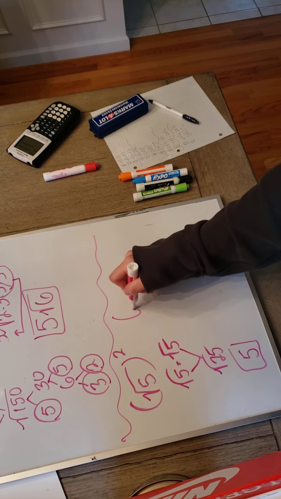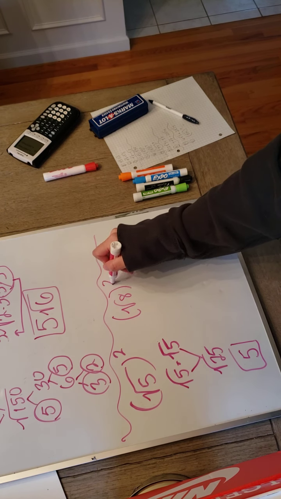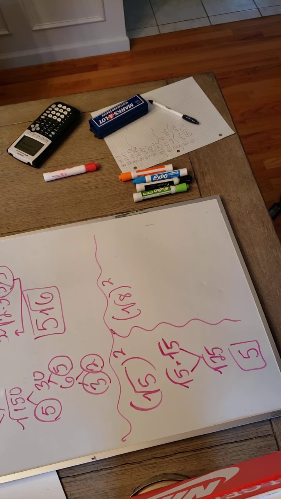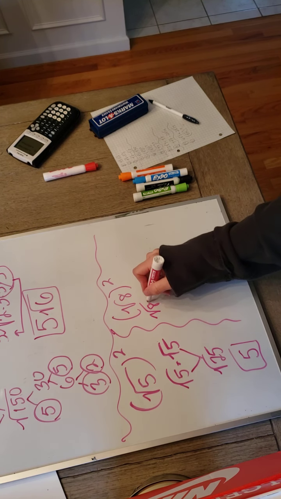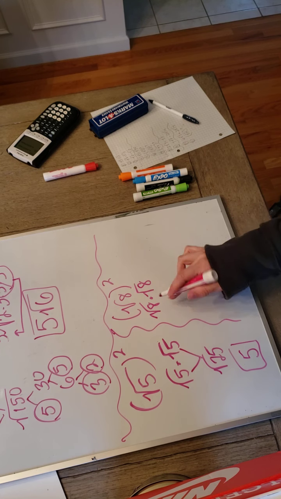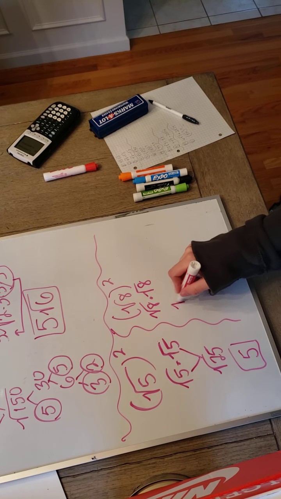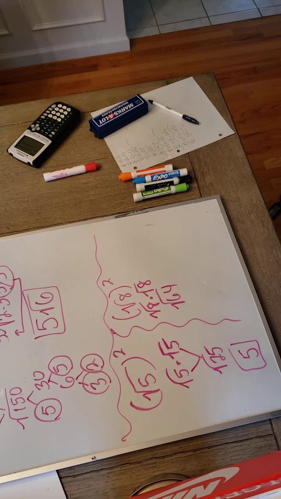Say you had the square root of 8 squared. Okay, so we know the square root of 8 squared is root 8 times root 8. 8 times 8 is 64. What's the square root of 64? It's 8.